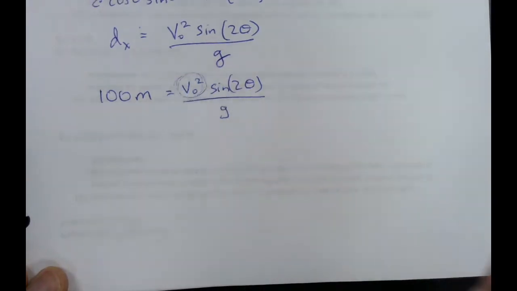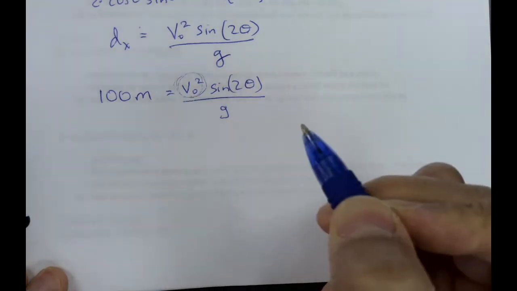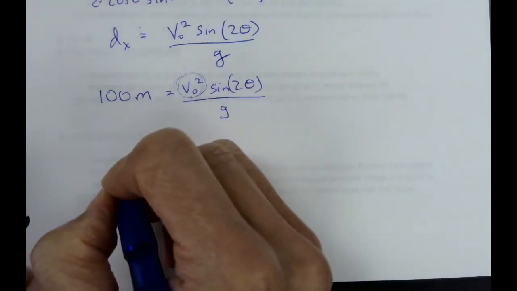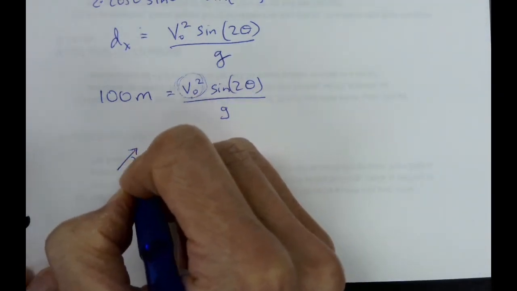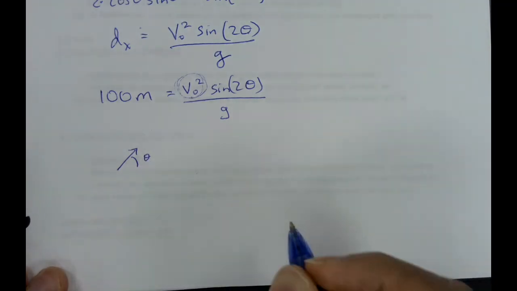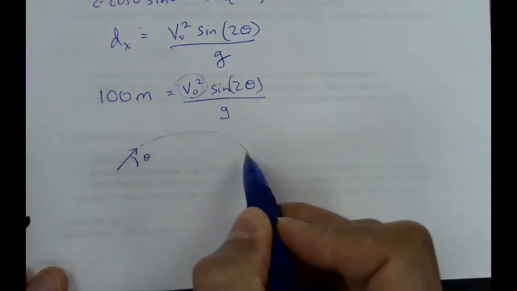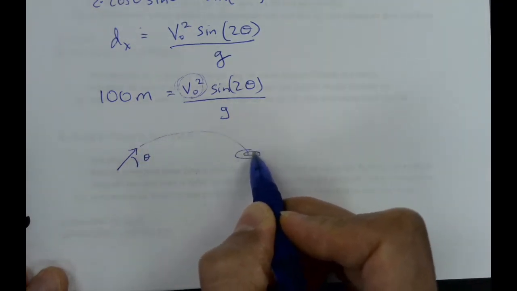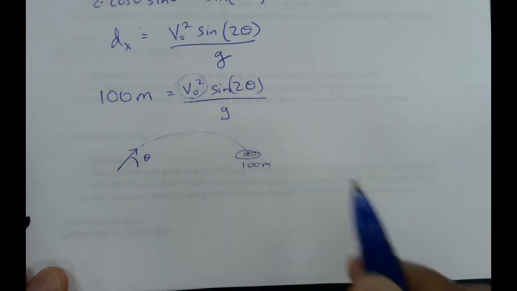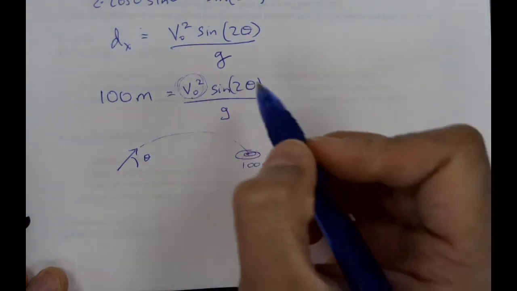For example, say it's some launcher, and we happen to know how fast it can launch objects, and we just need to know, okay, what angle should we point that launcher at in order to reach exactly, say, our target 100 meters away.